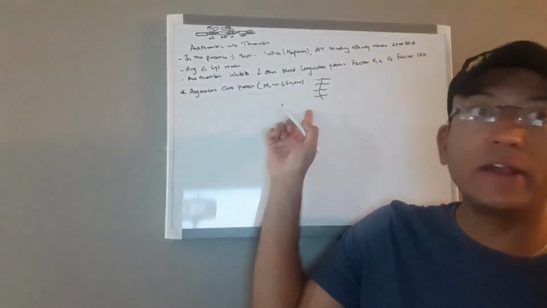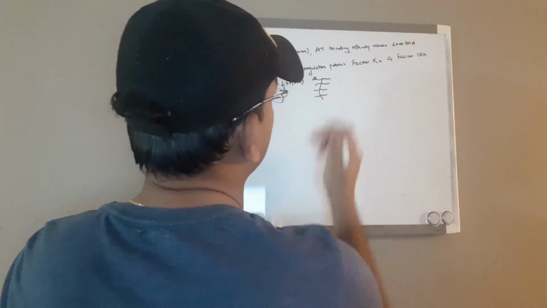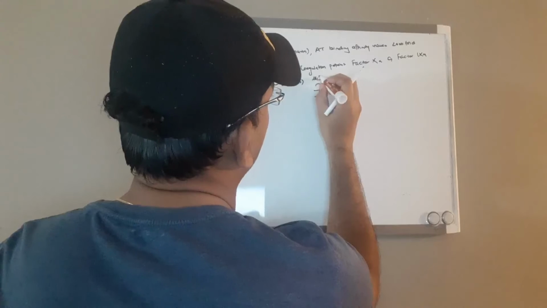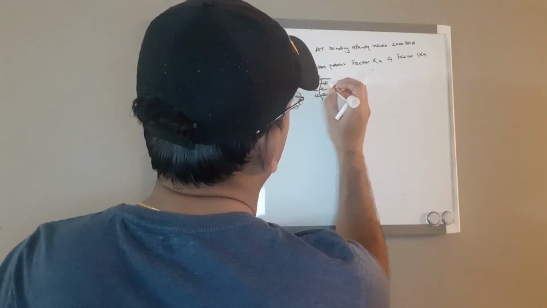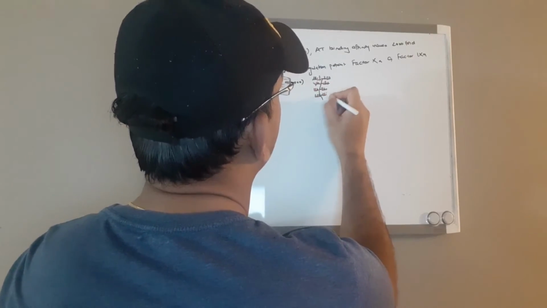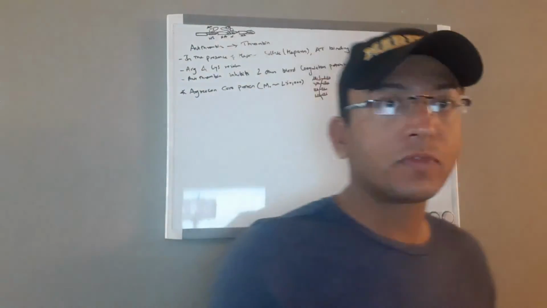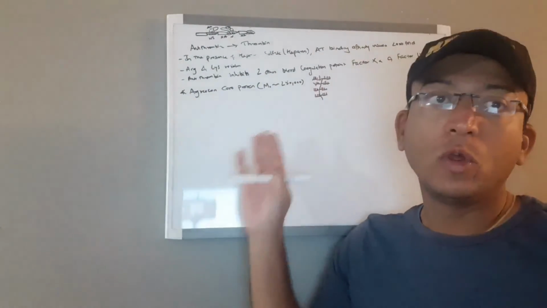This aggrecan core protein has multiple chains of chondroitin sulfate and keratan sulfate. So for example, this is chondroitin sulfate and the brown ones are keratan sulfate. Something like this.